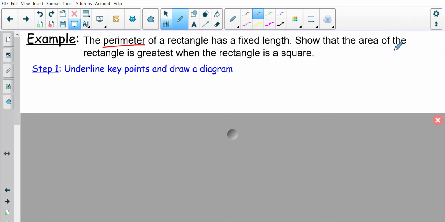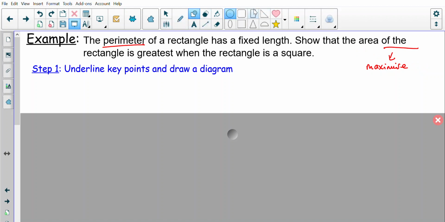So actually, although it's given us some information about the perimeter, saying it has a fixed length, it's the area that it's asking us to maximise, because we want to know when the area is greatest. So again, it's worth noting, what are the two variables that we're working with, perimeter and area? Which one am I asked to maximise?